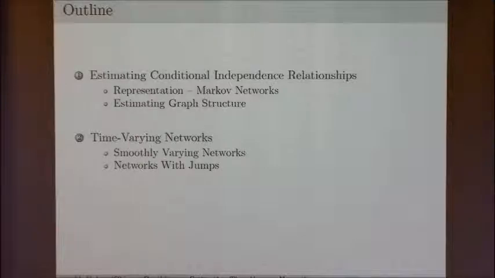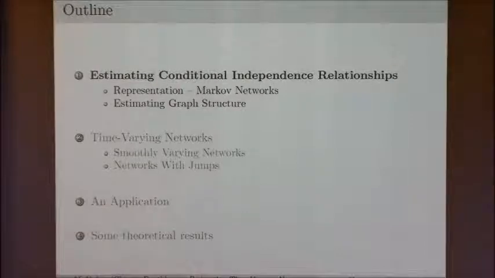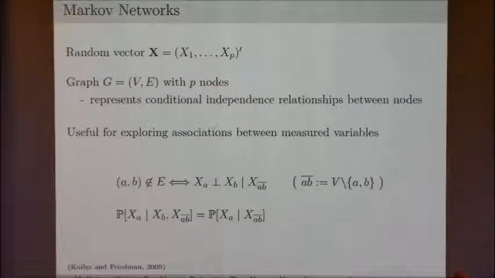Then we will combine these techniques with some ideas that are commonly used in non-parametric regression, like kernel smoothing and penalization using total variation norms. I will provide you an application to a data set, then maybe we can talk about some theoretical results, maybe not, we'll see.